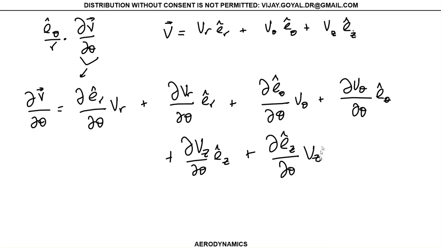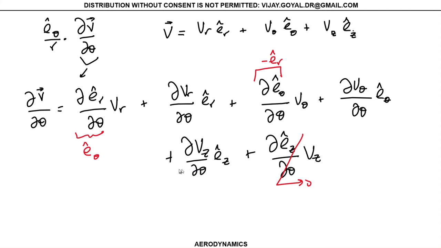And what we know in the problem, and we showed this in class, is that this term is nothing else than e_theta. This term right here is nothing else than minus e_r. And this term right here will be completely equal to 0, because this is not a function of theta, it's just constant.